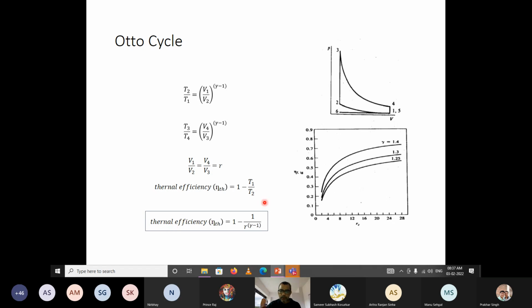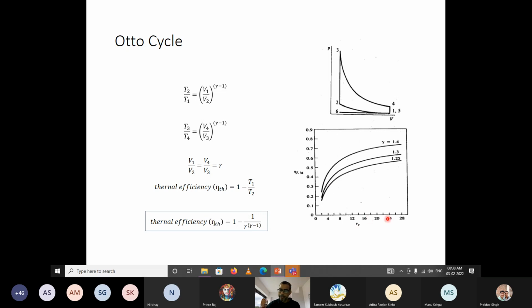When we draw the curve, on the y-axis we have the thermal efficiency and on the x-axis the compression ratio. The graph has been plotted for different values of the polytropic constant, where gamma is taken from 1.4 to 1.25, for 3 different values of gamma, and the thermal efficiency is plotted against the compression ratio. See how it is varying.